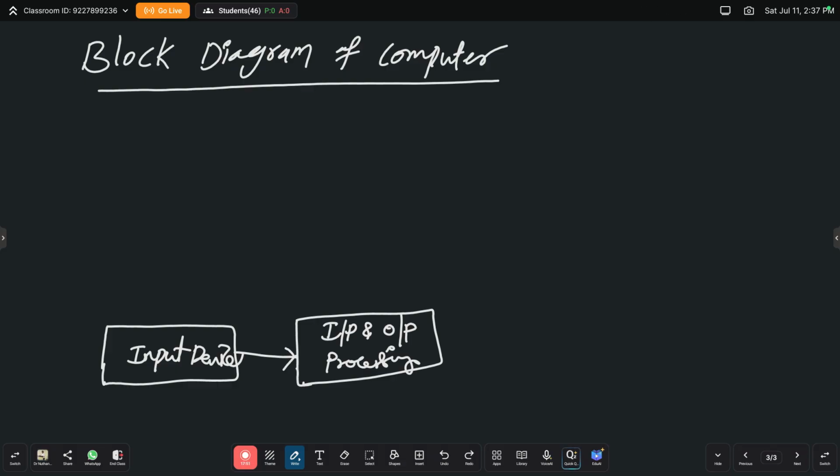Your processor is going to process something and produce output through speaker, monitor. Output devices, you know already. Correct. I'm drawing the block diagram.